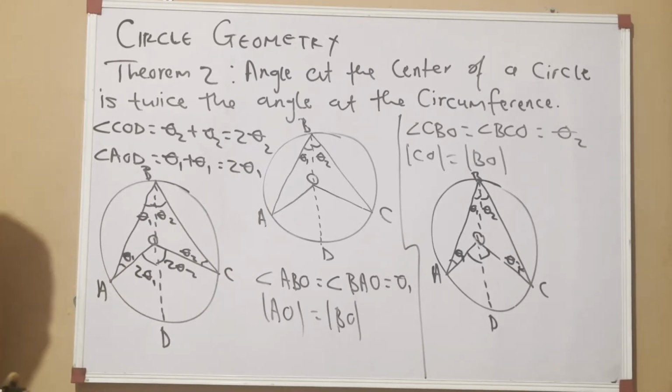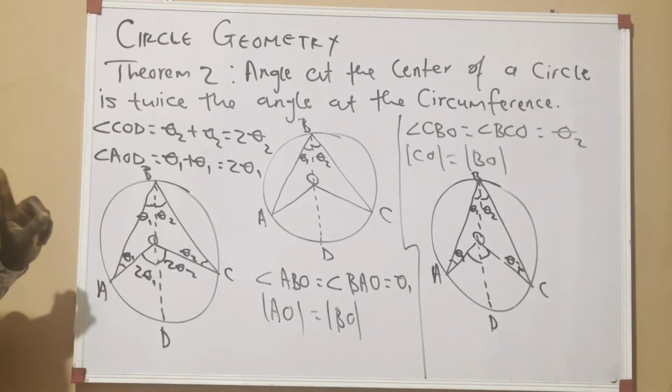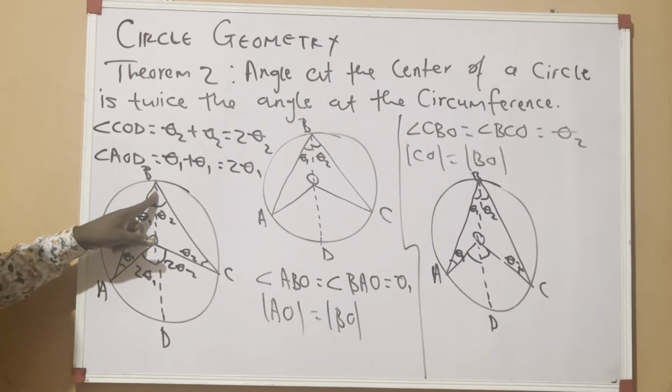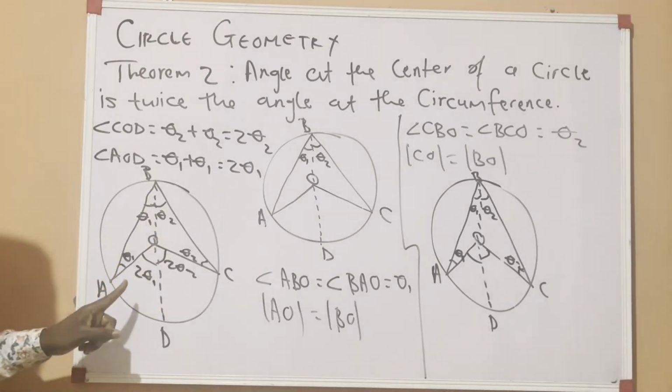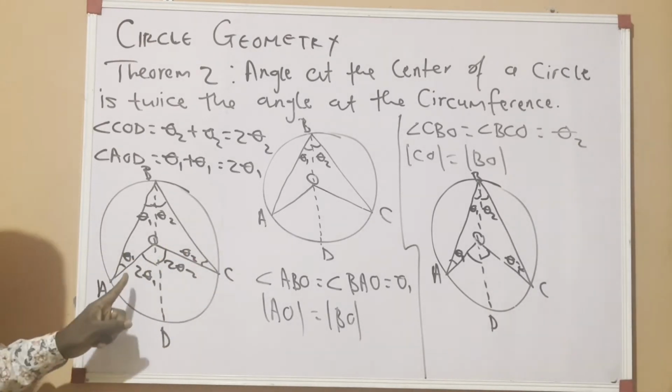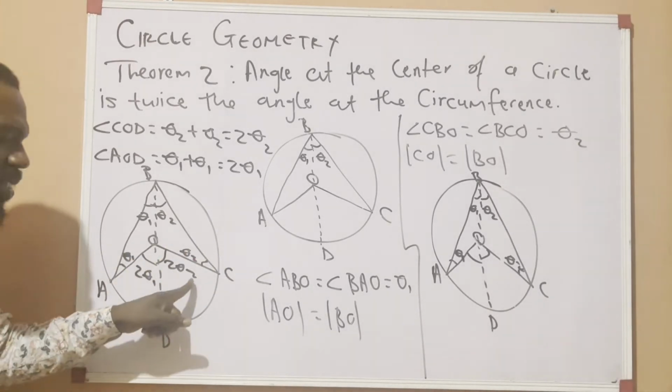Now, let us compare. Watch. According to the theorem, if you take a look at the angle at the circumference, which is theta 1 and theta 2, and if you take the angle at the center, which is 2 theta 1 and 2 theta 2.